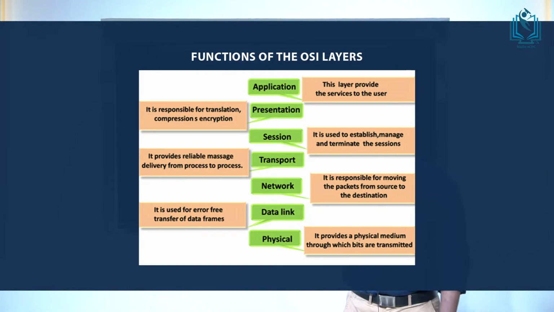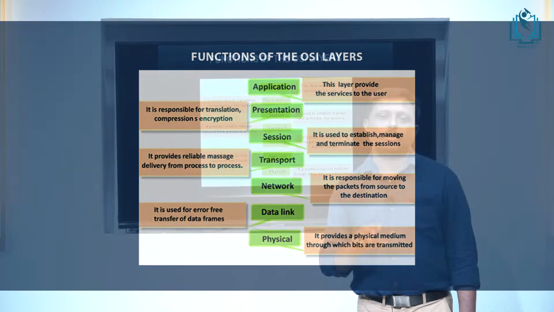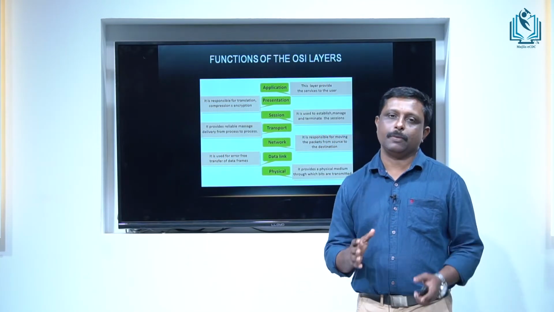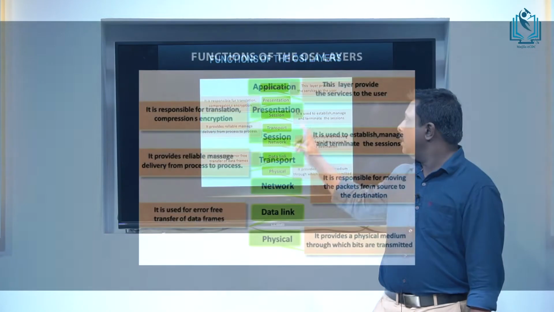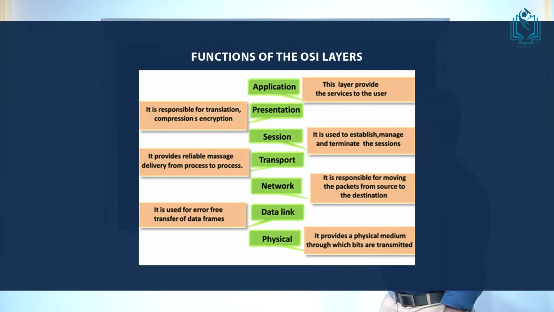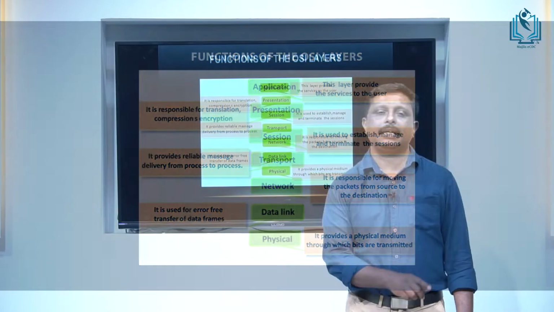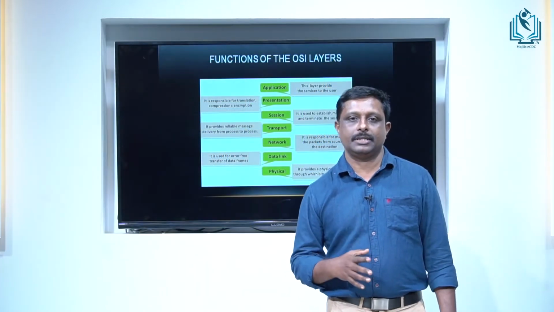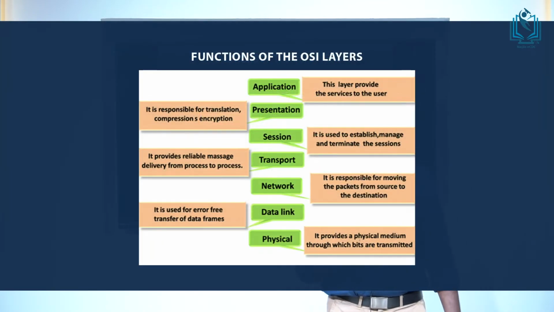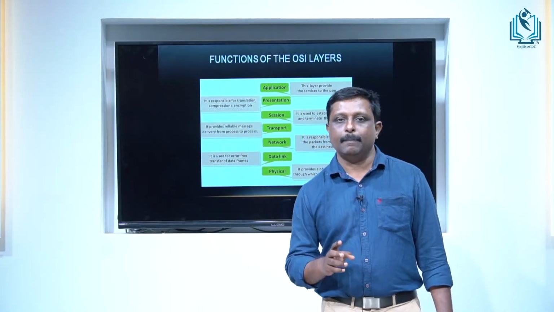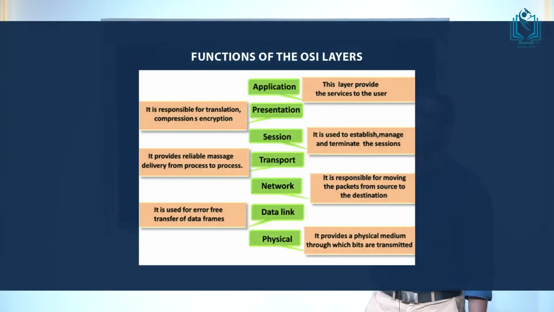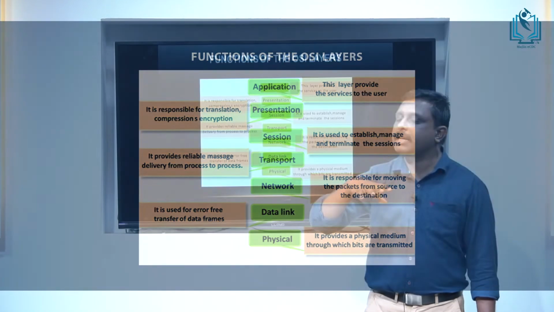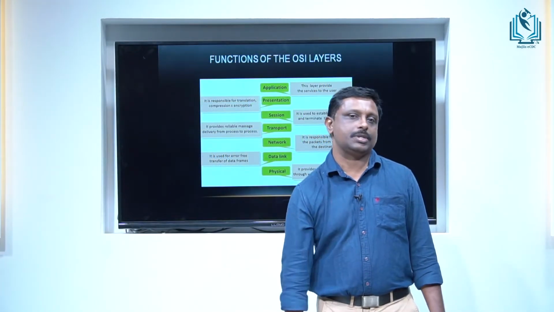The transport layer is used for the reliable transfer of information from process to process. Next, the session layer is used to establish, manage and terminate dialogues. The presentation layer is mainly used for translation, compression and encryption of data. The application layer is mainly used to provide services to the user.